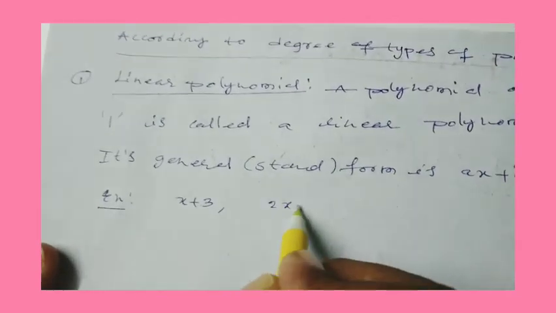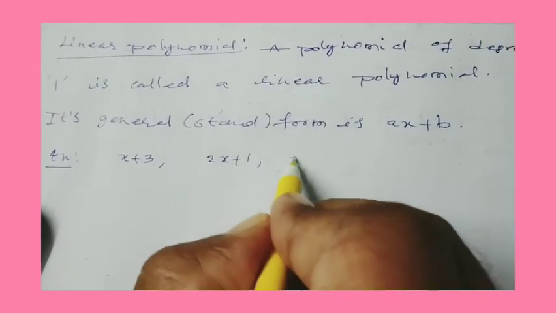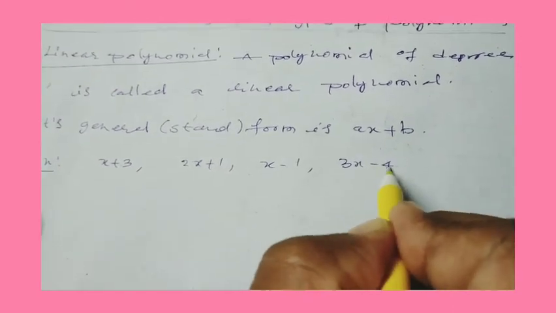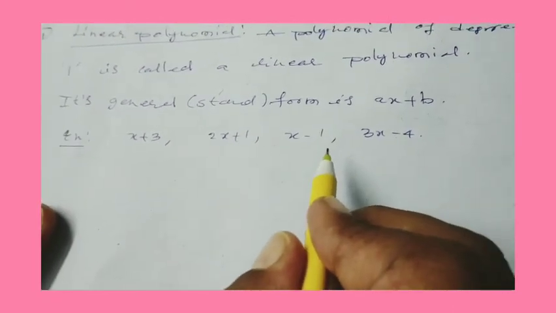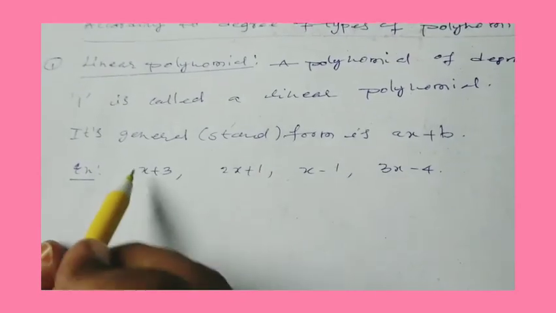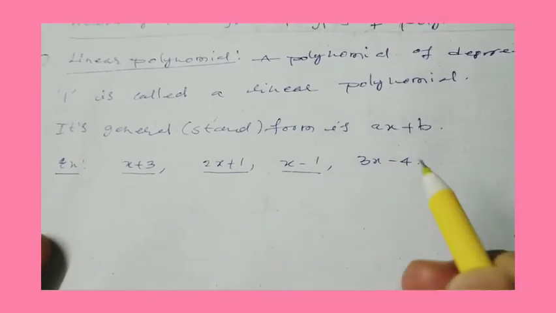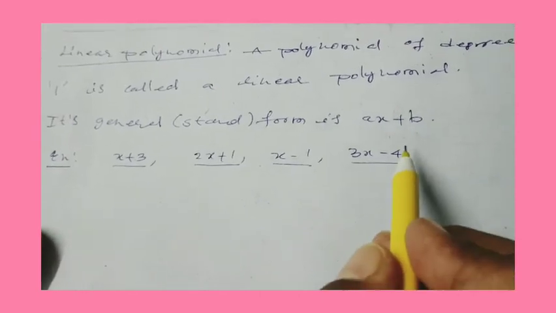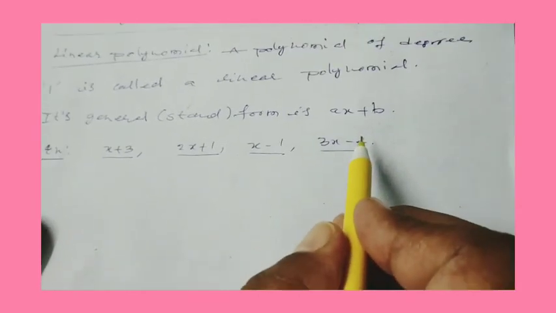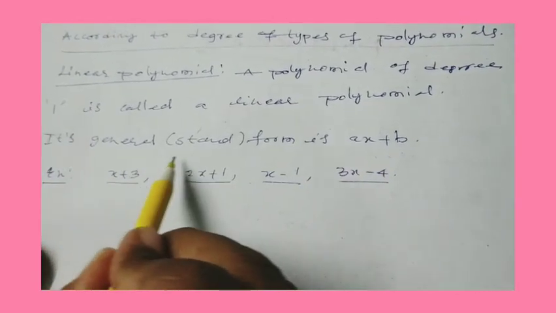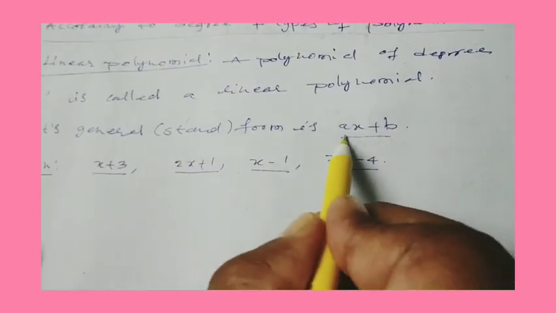Next 2x plus 1, next x minus 1, 3x minus 4. These all are linear polynomials. Why? Because their degree is 1. So degree 1 polynomials are called linear polynomials. Its general form or standard form is ax plus b.